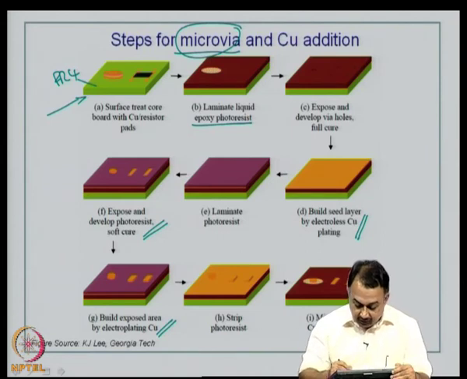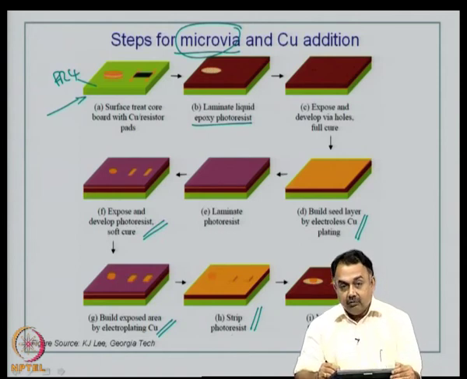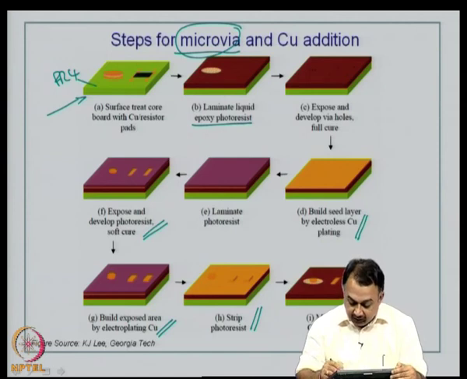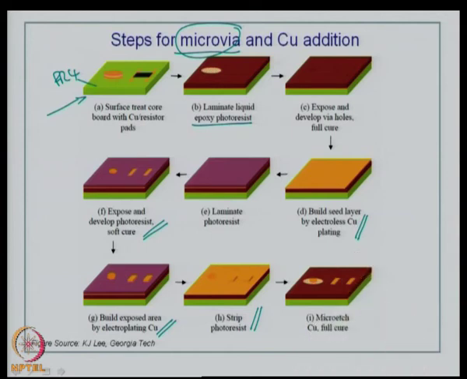Then strip off the photoresist that is not required at this stage, because all the patterning is complete. Now, you micro etch, remove the unwanted copper and then fully cure the board. Okay. So, this will result in the micro via connections for subsequent layers.